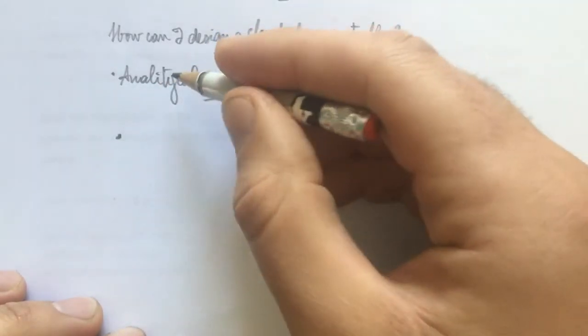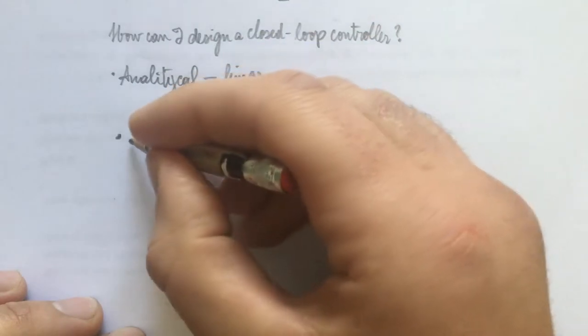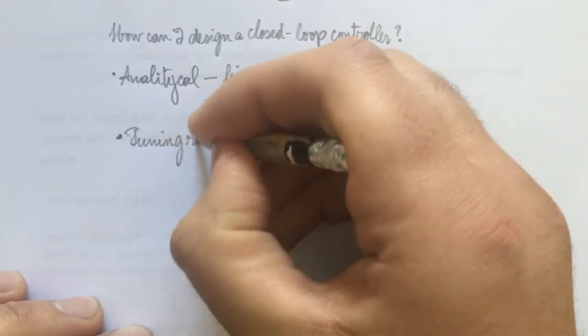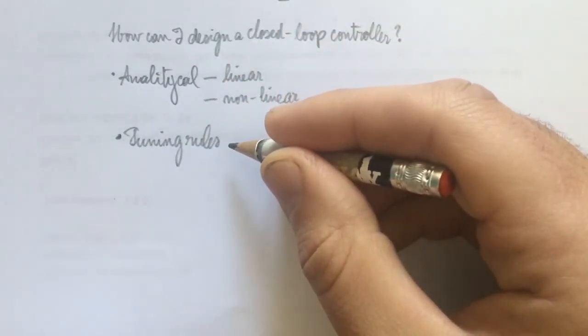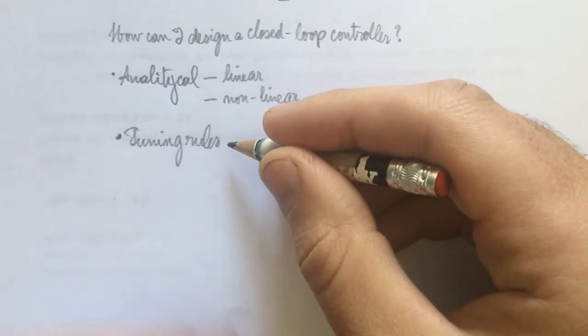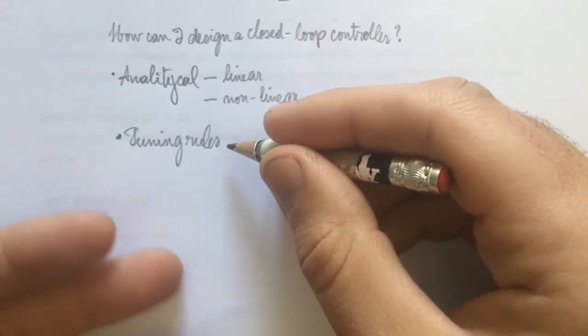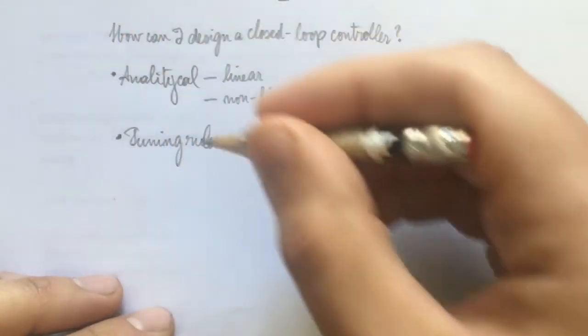Sometimes, rather than being preoccupied with analytical calculations, we just use some simplified tuning rules. Tuning rules are very simple rules that presuppose a very simple model for our plant and which work in, let us say, many situations. Not all of them, but for many plants, they provide us a reasonable result.